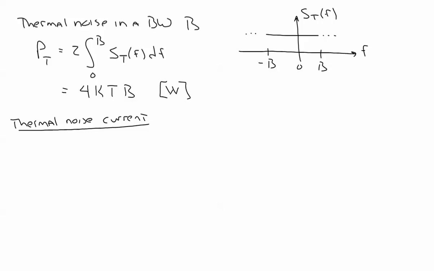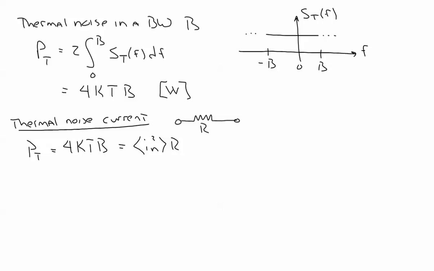Now, you'll remember, if this is some resistor R, the thermal noise, which is 4kTB, I'm going to write as a mean squared current times resistance.